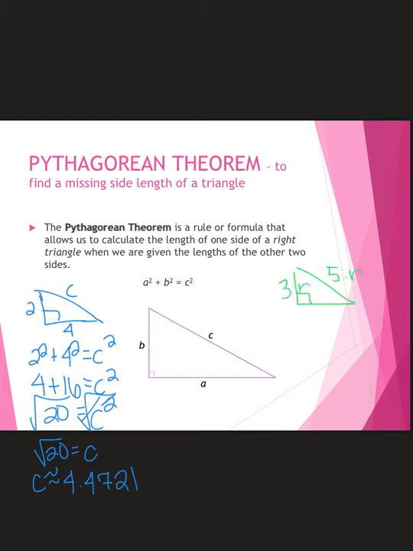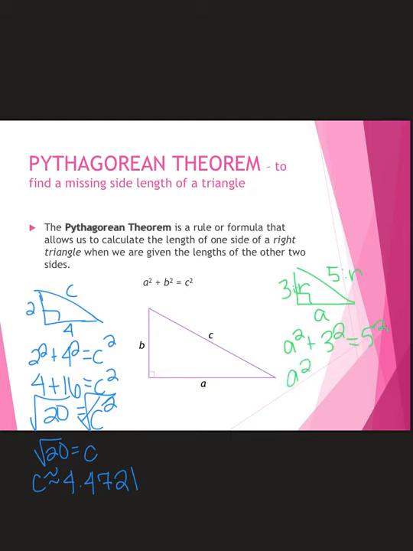Inches. I didn't put units on the other one, so I'm going to make sure to do that here. So I'm going to call this A. So I have A squared plus 3 squared equals 5 squared.